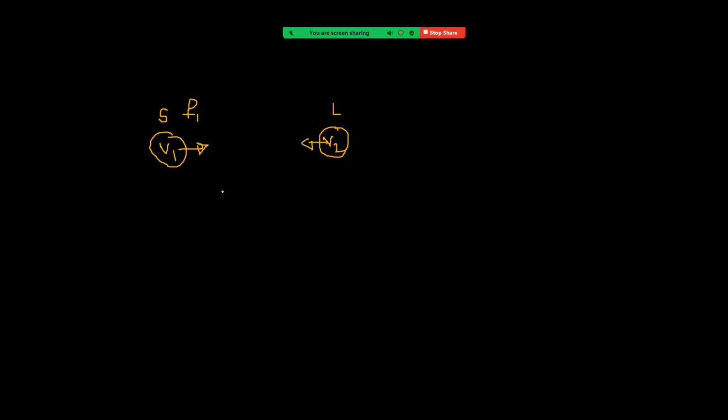Now cross-check. First of all, take the first case, that is wind blows from source to listener, like this. Given the velocity of wind is w, the velocity of sound is v, and the velocity of each vehicle is u.